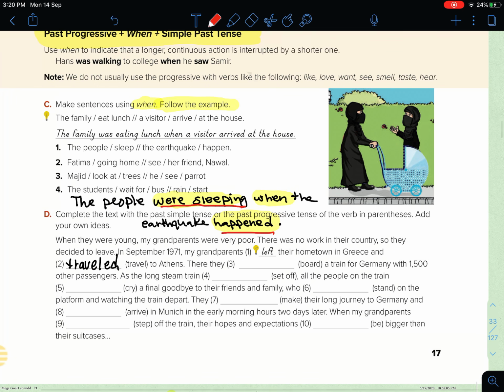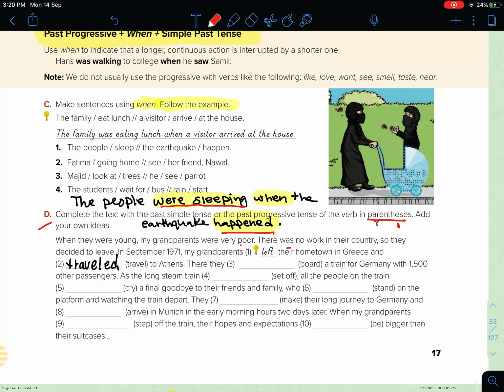Now letter D, you are asked to complete the text with the past simple tense or the past progressive tense of the verb in parentheses اللي هي بين الأقواس, and you add your own idea. ممكن تضيفون أفكاركم الخاصة. Now when they were young, my grandparents were very poor.